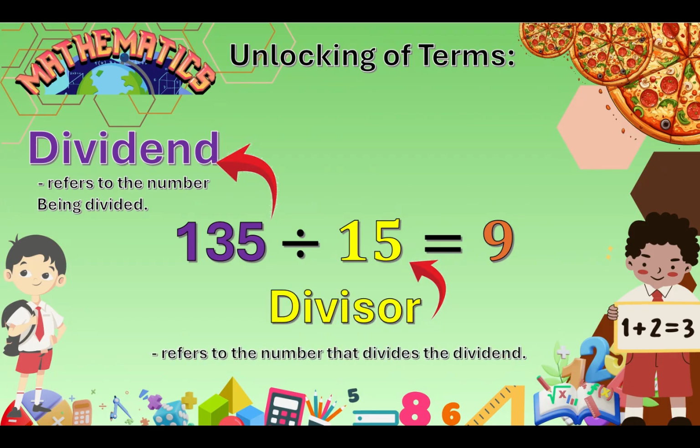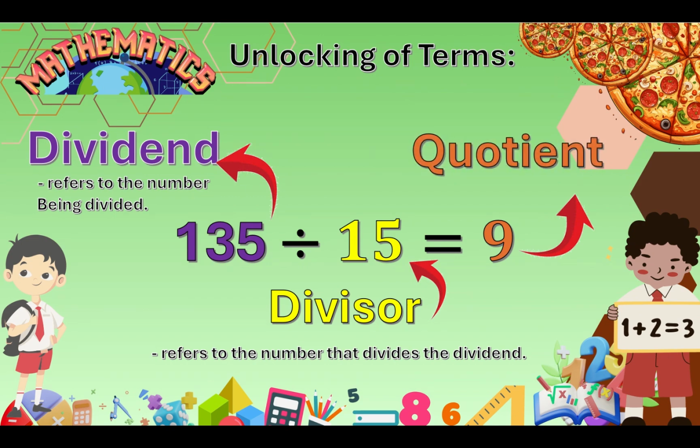The divisor refers to the number that divides the dividend. 9 is our quotient. Quotient refers to the answer for division. So 135 divided by 15, the quotient or the answer is 9.